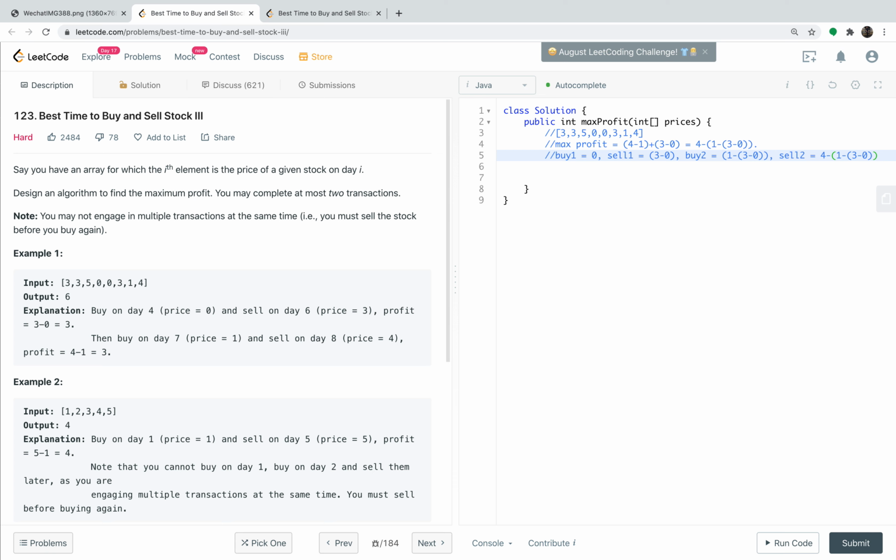That's the state transition function in this problem. Note that we can only do 2 transactions. That means we can buy 1 and sell 1 and buy 2 and sell 2, and no more transactions should be done.